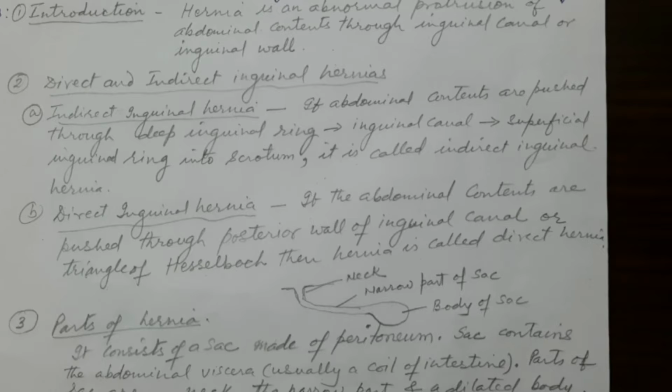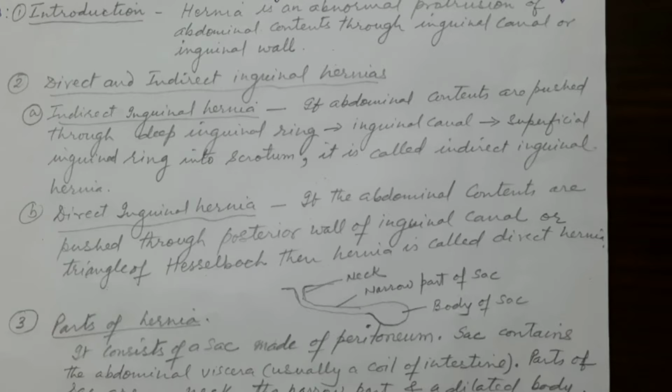That means the content, either omentum or a loop of small intestine or any other viscus, does not come through the opening of the deep inguinal ring, but pushes the posterior wall of the inguinal canal, and then protrudes into the inguinal canal and comes out through the superficial inguinal ring.